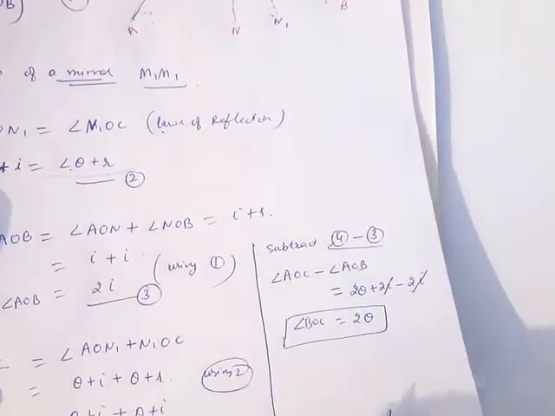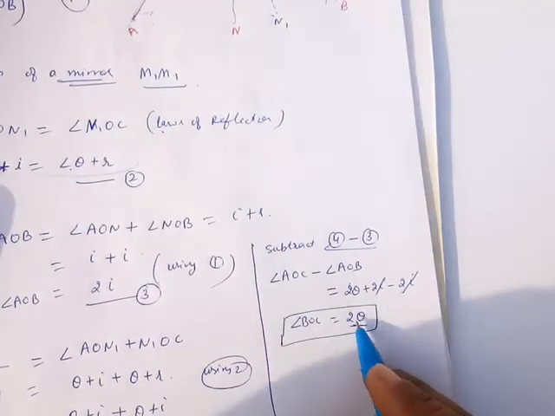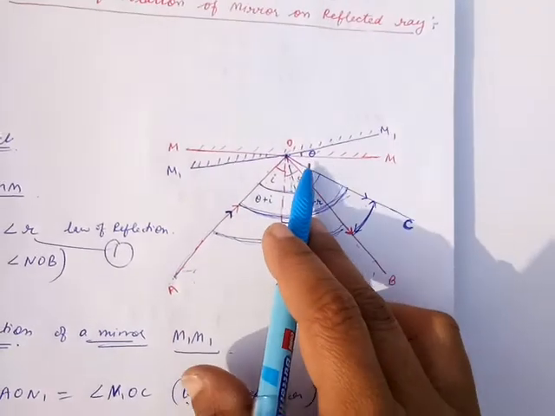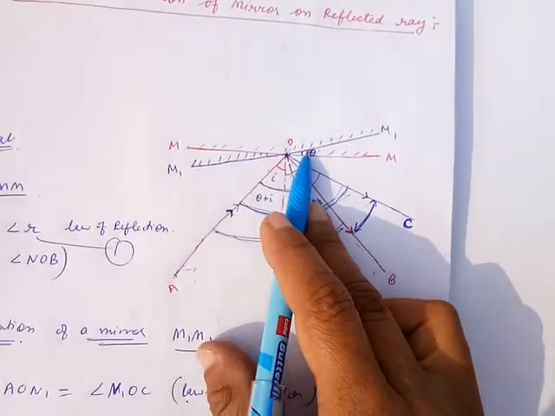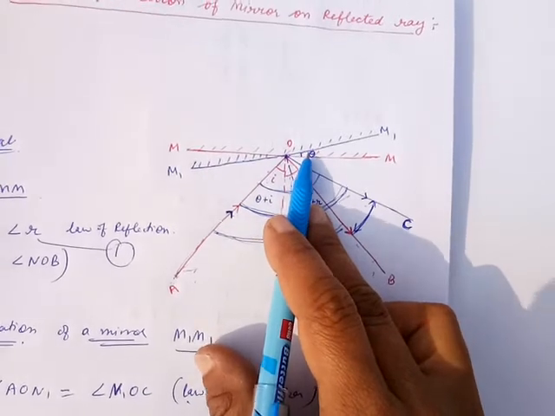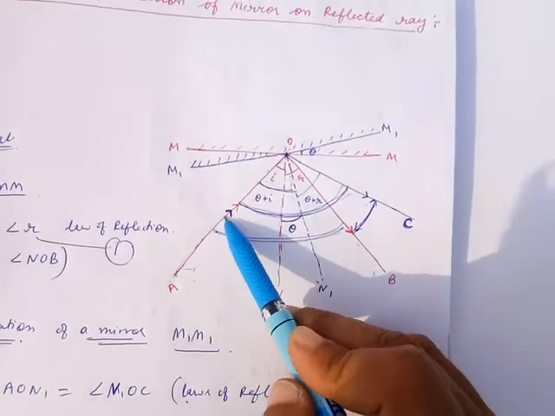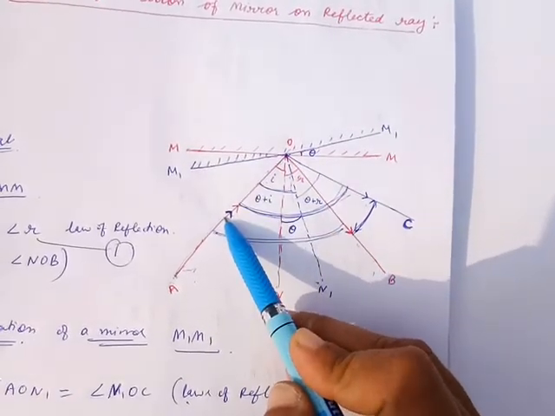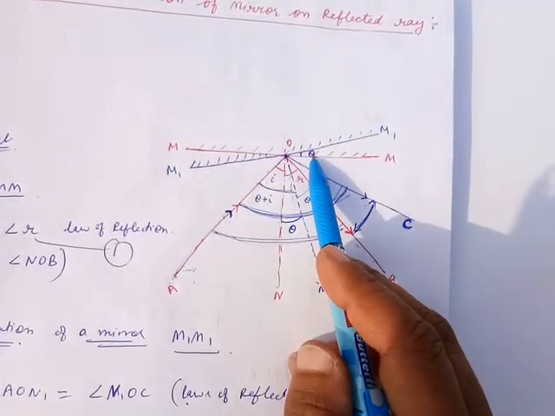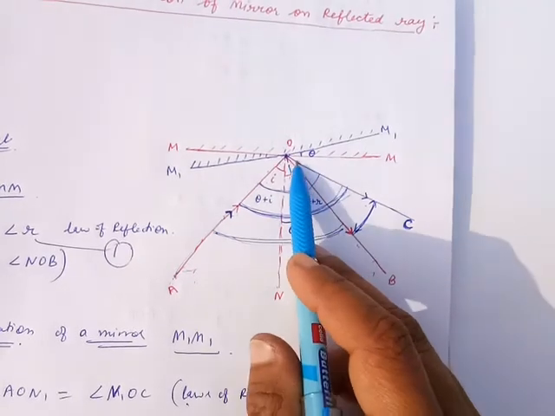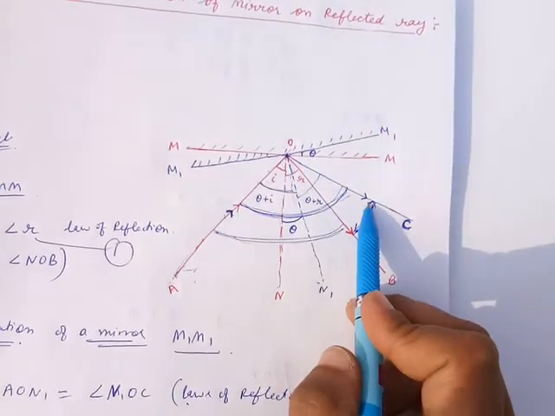So what does it mean? BOC is equal to 2 theta. Now theta is the angle of rotation of the mirror. It means for a given incident ray, if the plane mirror is rotated through an angle theta, then the reflected ray, this OC, rotates through twice the angle.